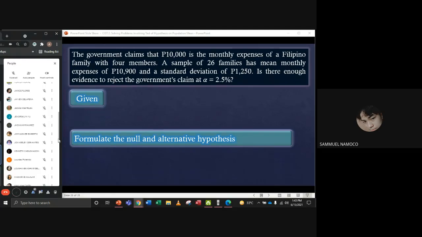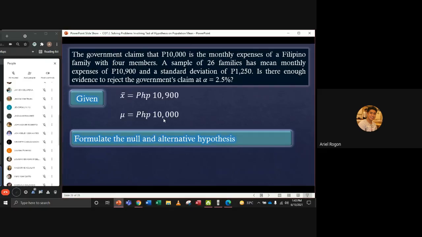Our standard deviation is 1,250. And the sample size is 26. Okay, that is correct. So based on the problem, the sample mean is 10,900 and the population mean is 10,000, with the sample standard deviation of 1,250, given the sample size of 26.